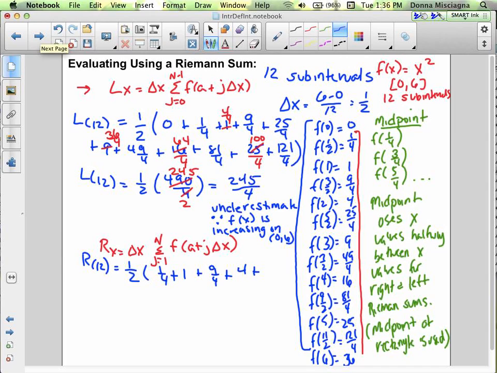Why do I think I left off the 4? Did I leave off the 4? Hey, what happened to the 4? Yeah, there's no 4. He got left off. I just realized that on the left Riemann sum. Well, don't do that. So the 4 should have gone right here.